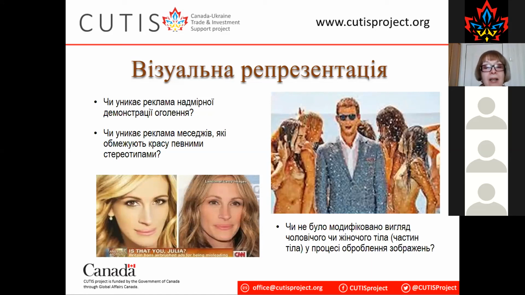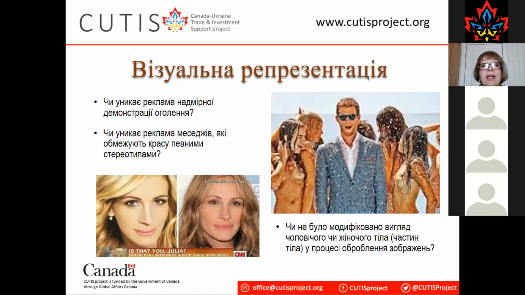There was some kind of makeup brand, and on the right, CNN says that this is the way Julia Roberts looks. But if you compare the left and right pictures, you will see that they have specific differences. Additional colors have been added and it has been brushed.